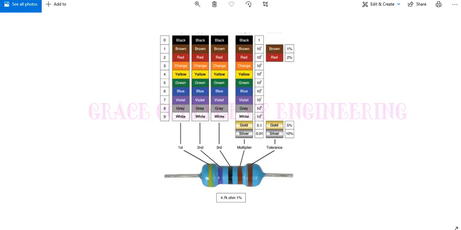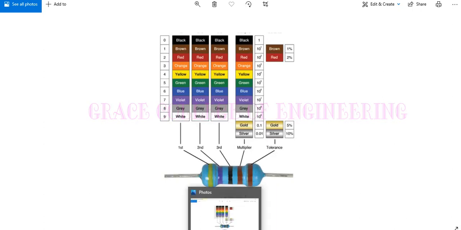Now here there is a brown color, sorry, this is a red color, therefore 10 power 2, so 470 into 10 power 2 means 47 kilo ohm. No, this is the brown color only, therefore 4.7 kilo ohm, and the last one is a tolerance percentage of 1%.